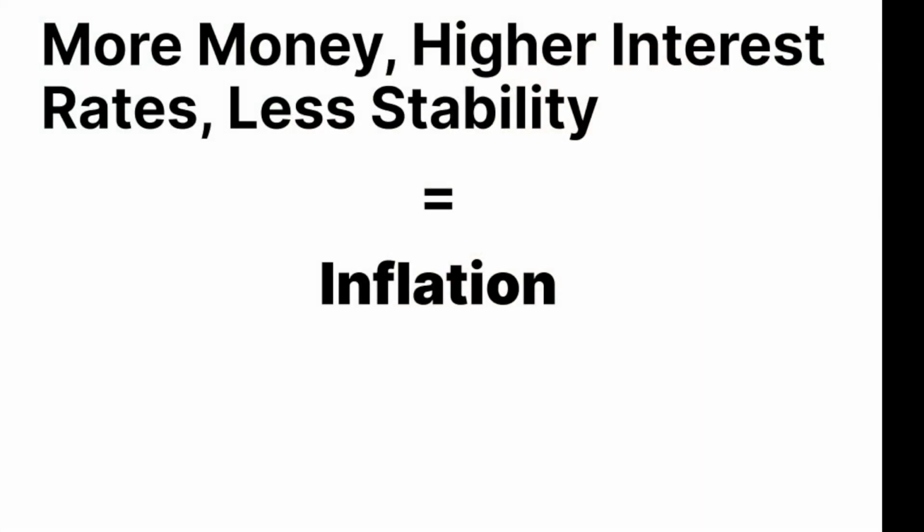Because they're starting to print more money, right? The interest rates are up like crazy. There's less stability now because maybe you're not getting that raise. You don't know what's happening with the market. You don't know what's happening with the economy. And so inflation happens, right? But guess what?